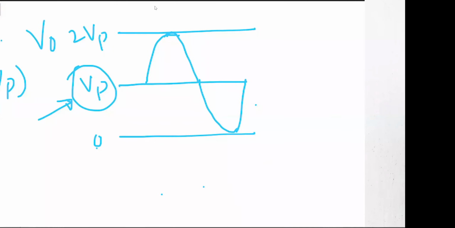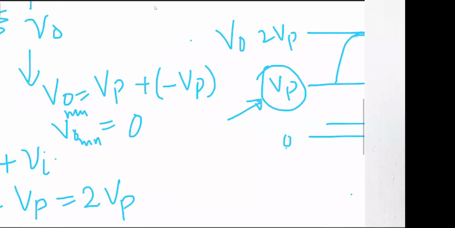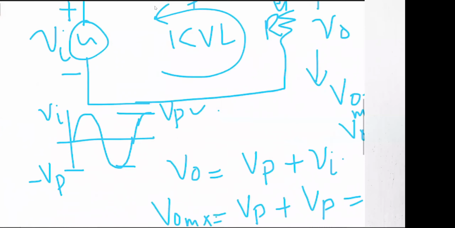Previously, we had the input signal which was varying between 0 to plus Vp, and from plus Vp it was varying to minus Vp.